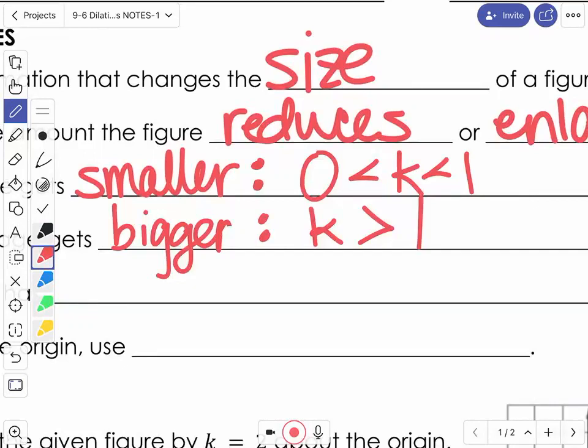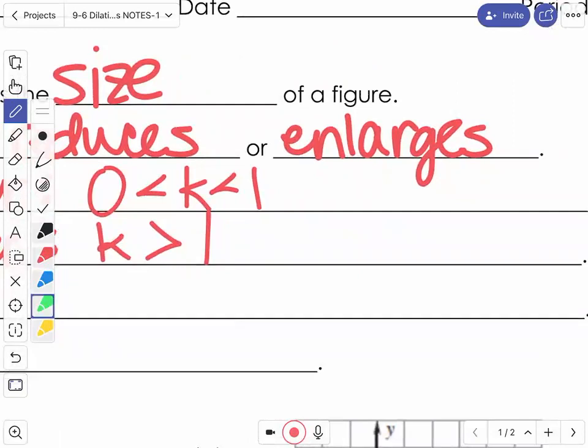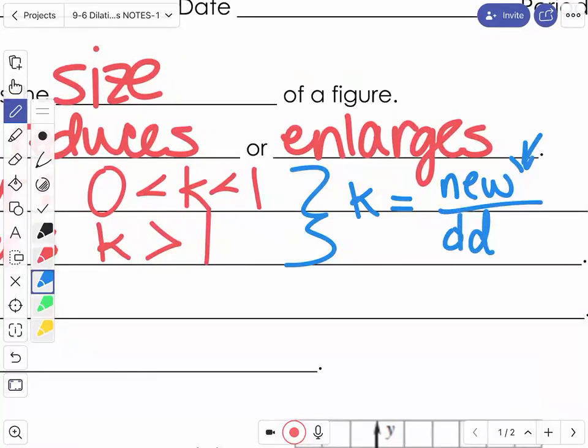Now, one last thing to remember about these scale factors: to figure out whether you have the reduction or the enlargement, we have to find that K, find that scale factor, which goes back to finding information from the new shape, which will have the apostrophe over the old shape. So it's about finding those matching pieces.